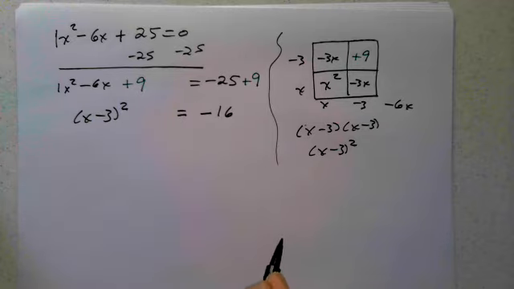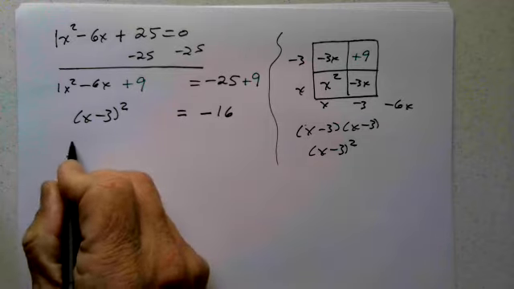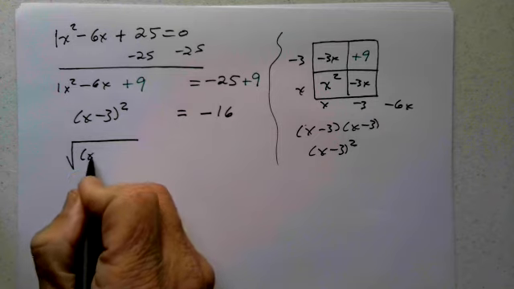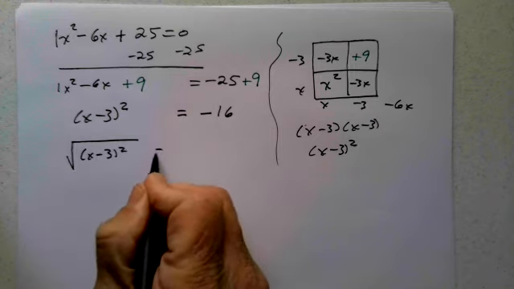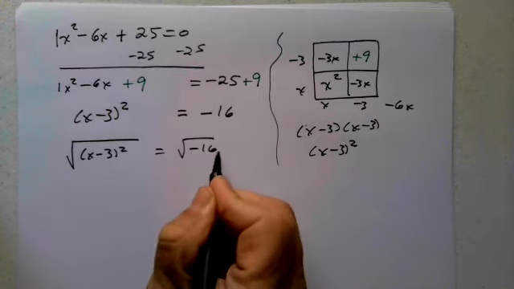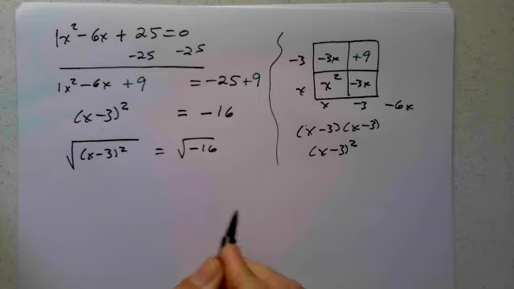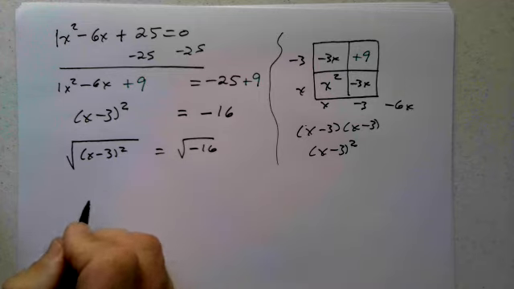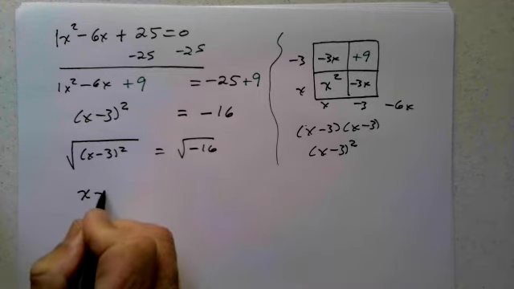So the next thing I need to do is take the square root of both sides. Square root of x minus 3 squared is square root of -16. Remember, if you take the square root of something squared, it's really absolute value. You need plus or minus.